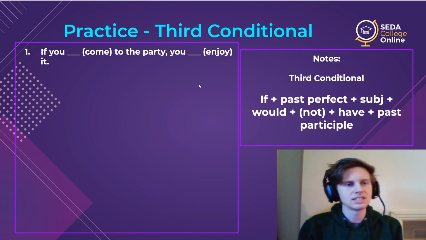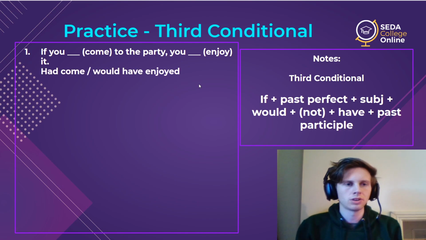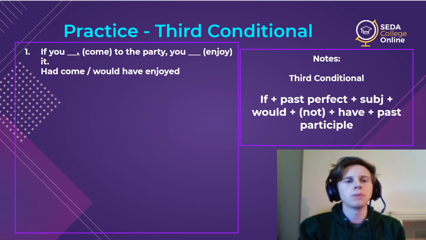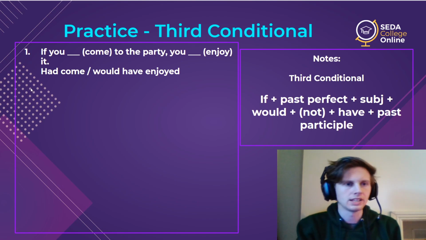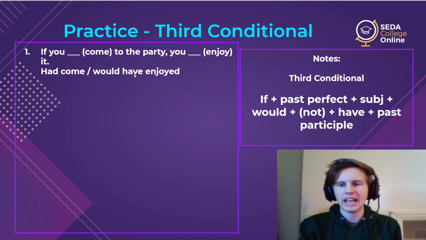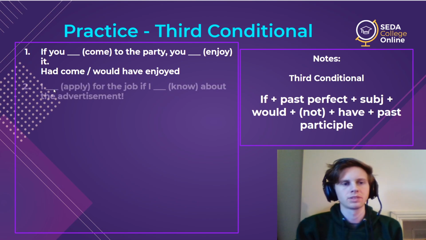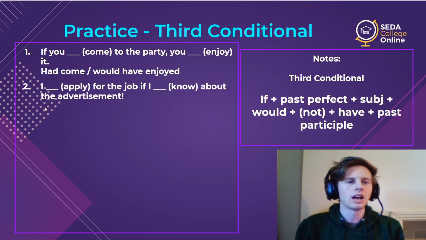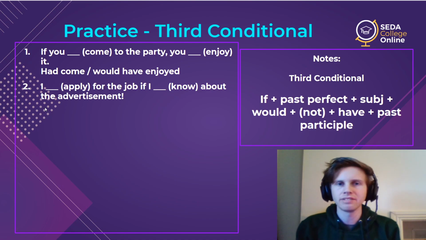All right, let's see if you are correct. So had come, would have enjoyed. So if you had come to the party, you would have enjoyed it. So there we have our would have past participle, and then our past perfect had come. Okay. Number 2. I, for the job, if I, about the advertisement.